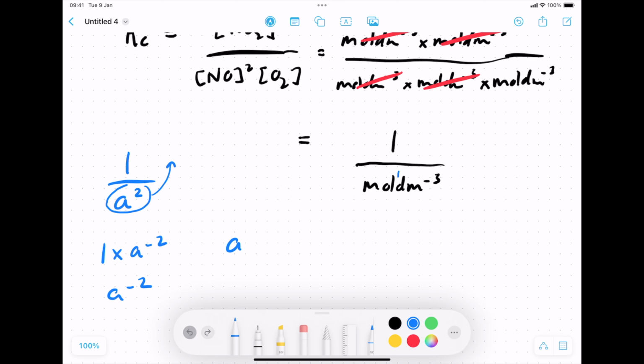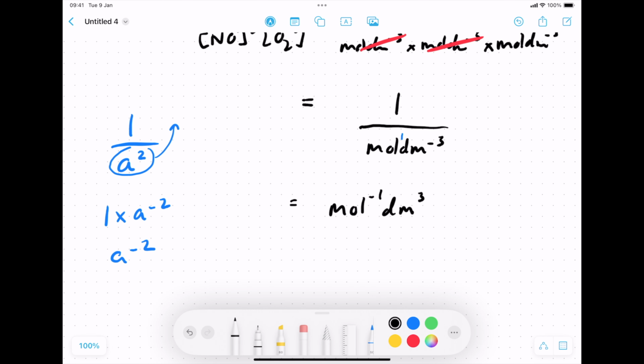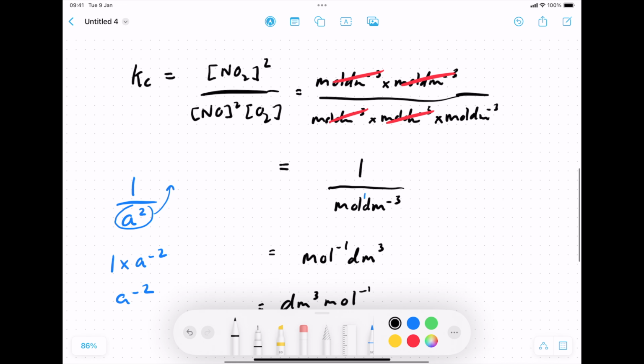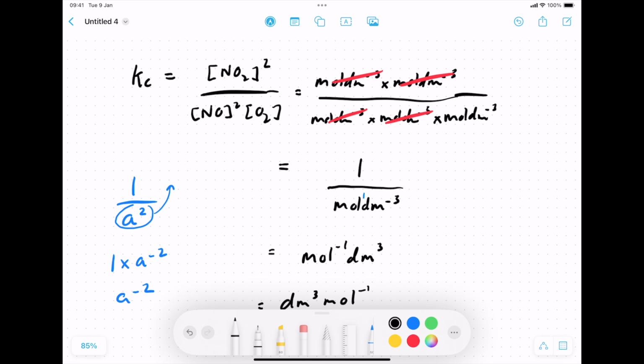So we need to remember that, because when we bring that to the top, this is what happens. Moles goes to the top and becomes moles to the -1, and the dm-3 changes to dm+3. So we can write that with a positive unit first, dm3 moles -1, and that is the final answer for the units for Kc in this particular reaction.